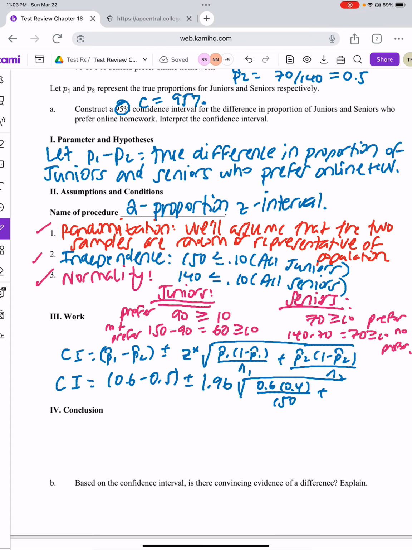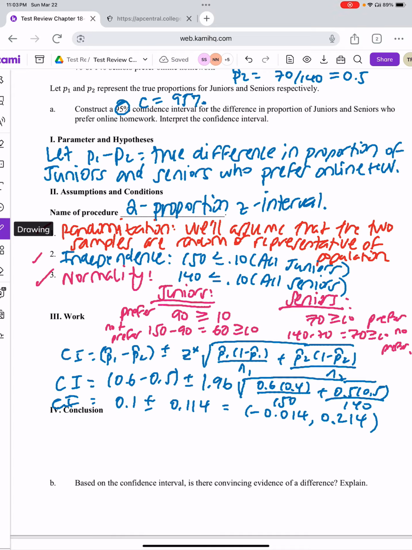That's for juniors, and for seniors it's 0.5 times 0.5 all over 140. And if you do the math, it should be 0.1 plus or minus 0.114. So if you subtract it first, you should get like negative 0.014. The upper bound should be 0.214.